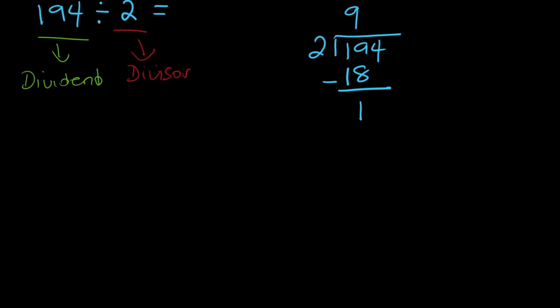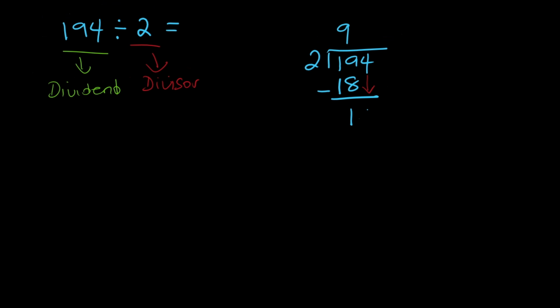Now that we found how many times 2 can go into 19, we need to take down our 4, or make a copy of our 4, and we need to divide 14 by 2. So 2 into 14 goes 7 times. 2 times 7 is 14. When we subtract 14 from 14, we're left with 0.